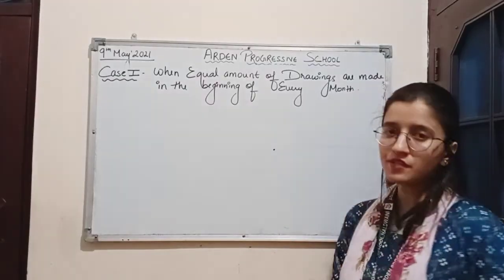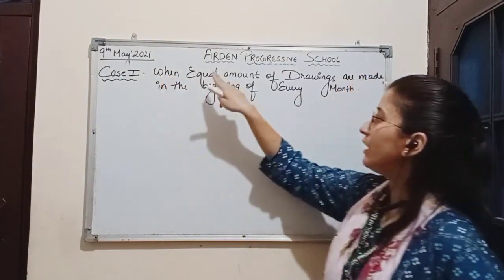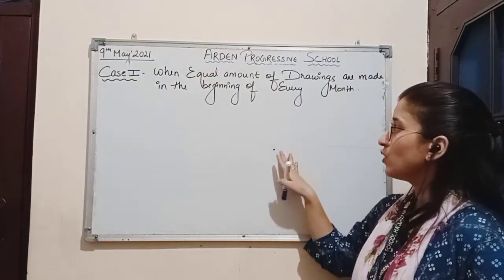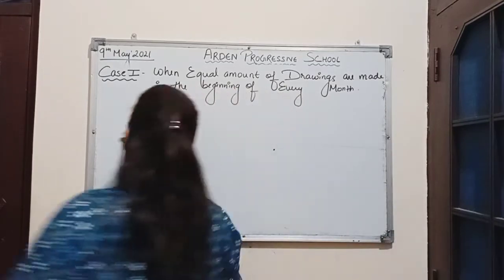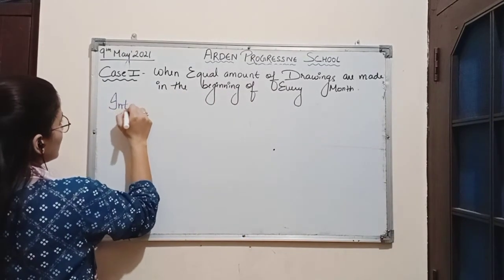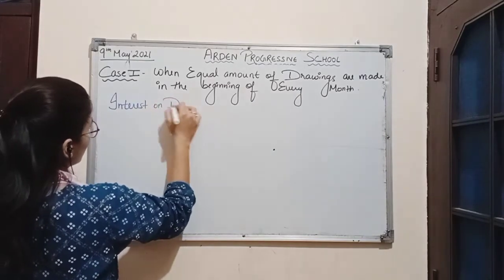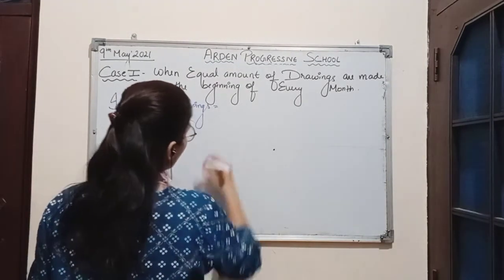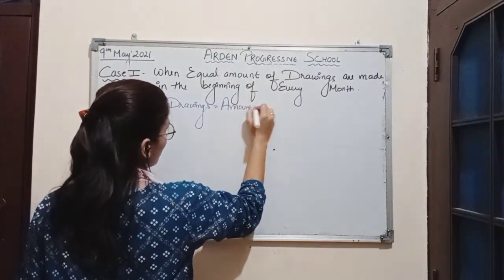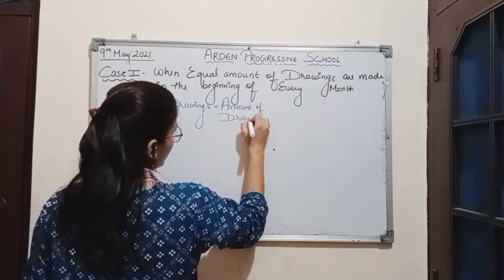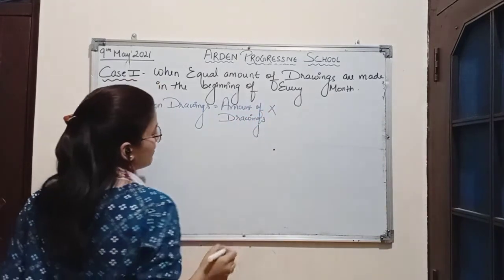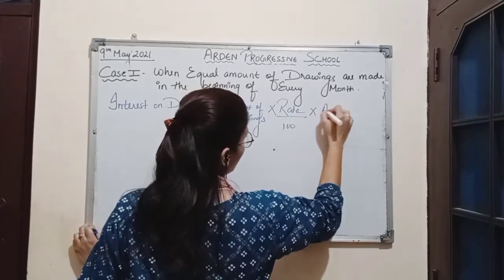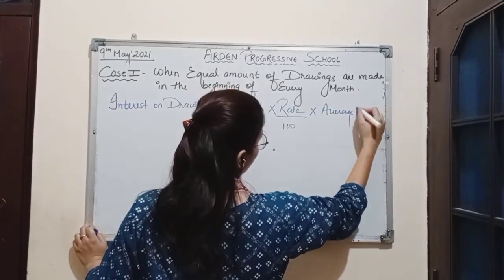Now, here is the first case. The first case is when equal amounts of drawings are made in the beginning of every month. In such a case, interest on drawings is calculated by the formula: amount of drawings multiplied by rate divided by 100 multiplied by average period.